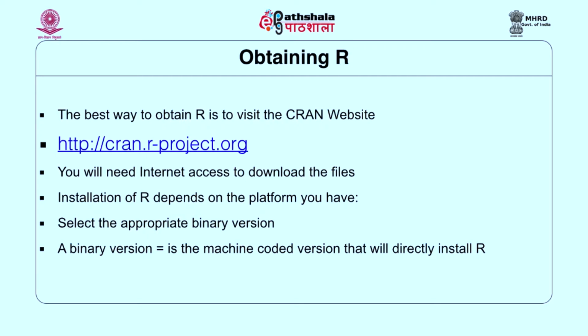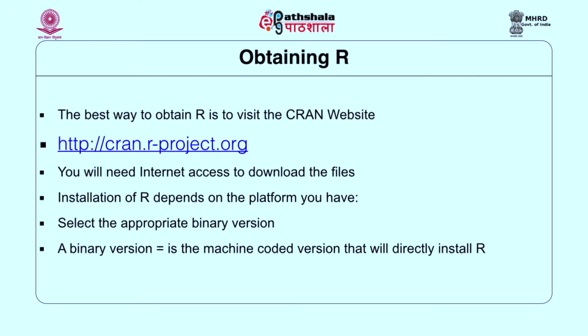Now, what is a binary version? Many people have many different kinds of operating systems, so it is not possible for the R developers to know, and the R developers, of course, have provided for each of these different platforms. Some people use the Windows operating system, that is known as a platform.